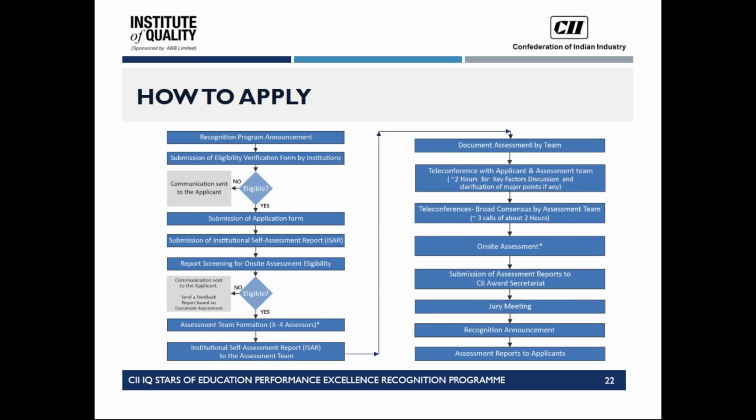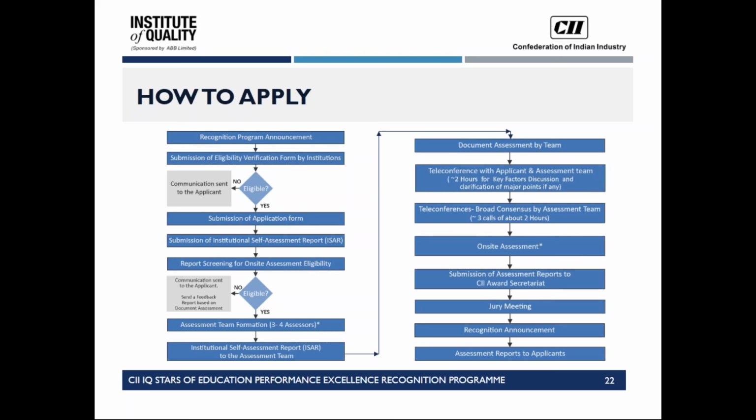Now, in this slide, we are looking at the process of application. The first thing is that we'll be announcing the recognition program from CII. The next step in the process is the submission of the eligibility verification form by the institutions, where I explained the eligibility criteria.